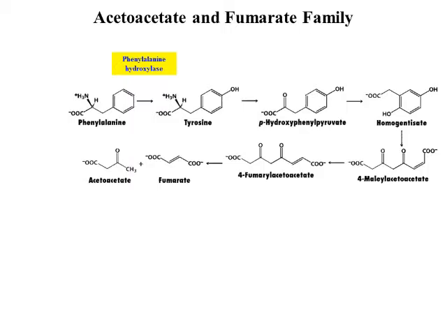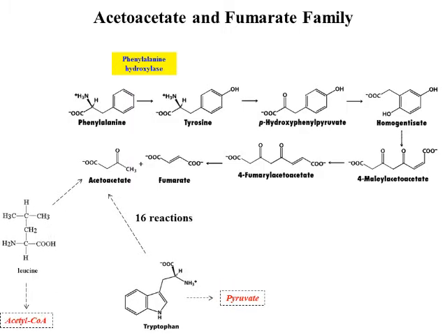Remember the structure? This is the rest of the pathway, you don't have to worry about it. But it turned out that if you're lacking this enzyme genetically, what are the problems? Very, very famous disease: phenylketonuria, PKU.